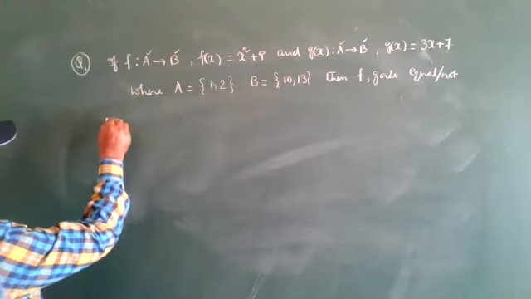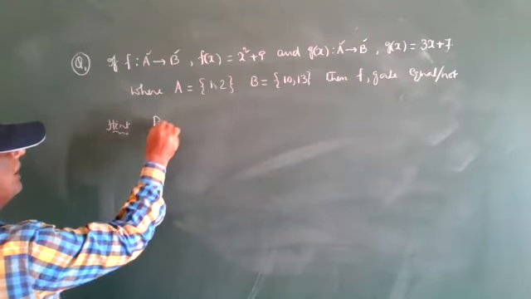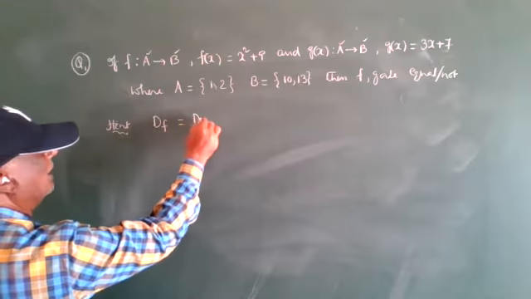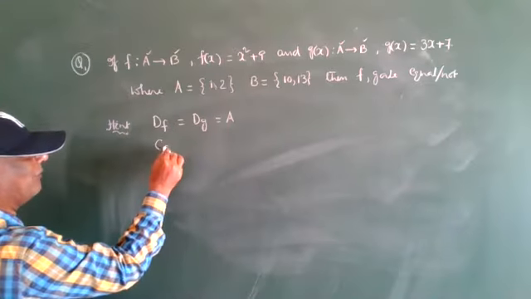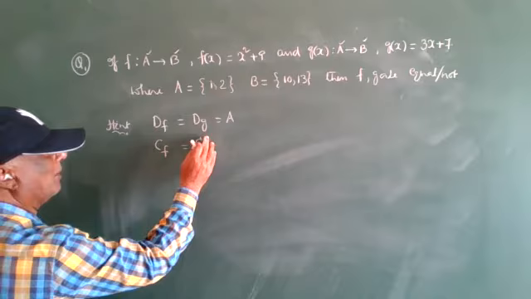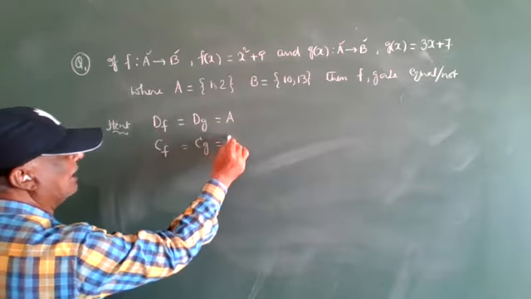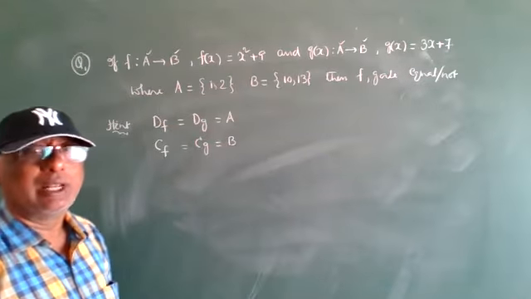First, the A set elements. Here the domain of f is equal to the domain of g, that is A. The codomain of f and the codomain of g are equal, that is B. Only the range is required.